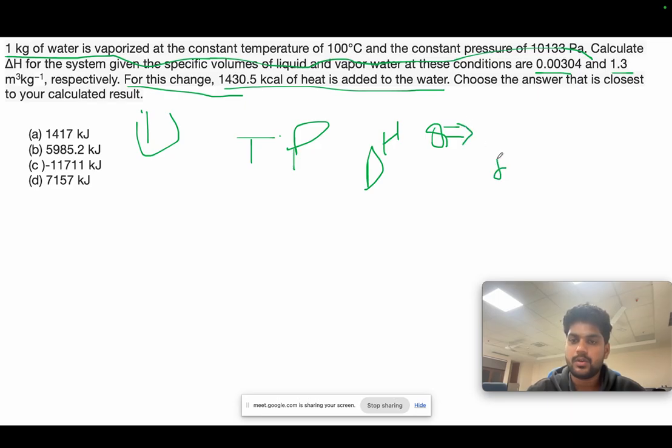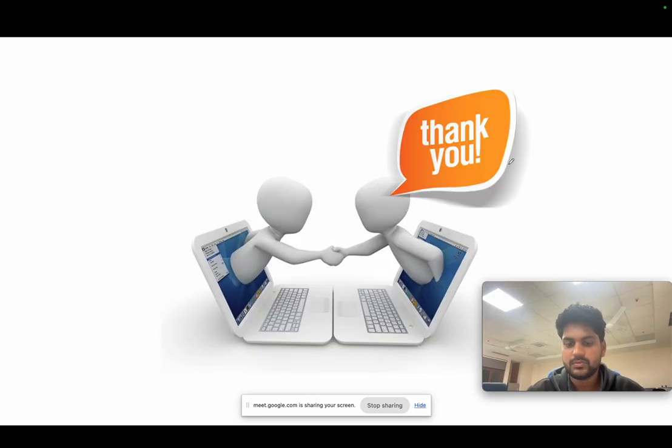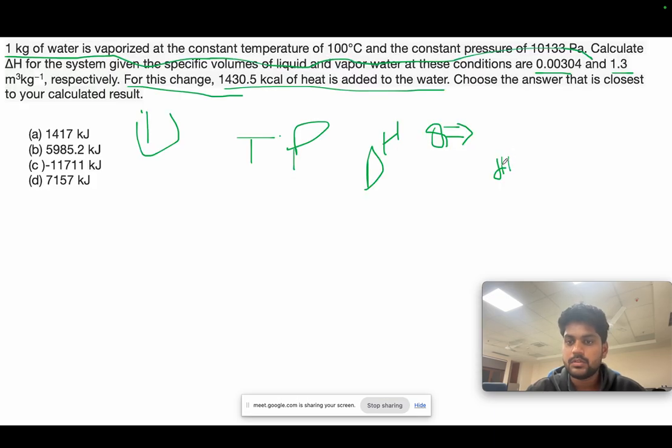So I think we all know that delta H equal to Q basically. So we solved it, right? I think we solved this equation. So if you convert this value into kilojoule, you will get the answer.